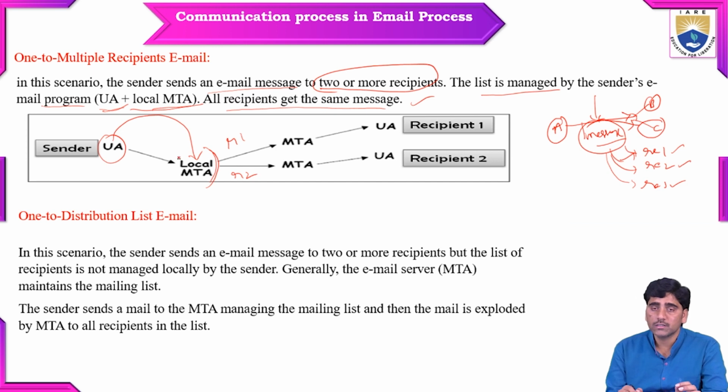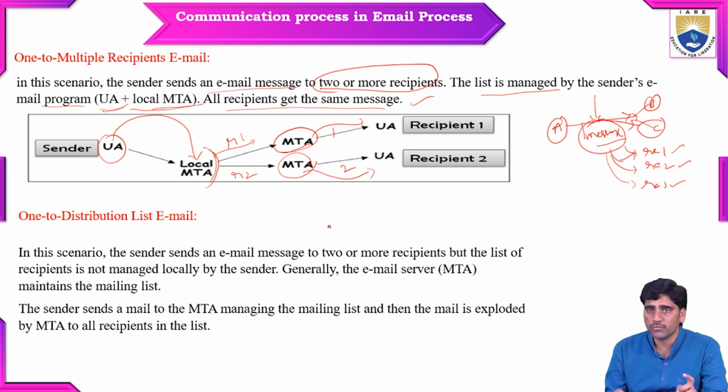Now this local MTA forwards the mail to the local MTA of recipient 1 and the local MTA of recipient 2. Those two recipient mail transfer agents receive the mail from this local MTA.